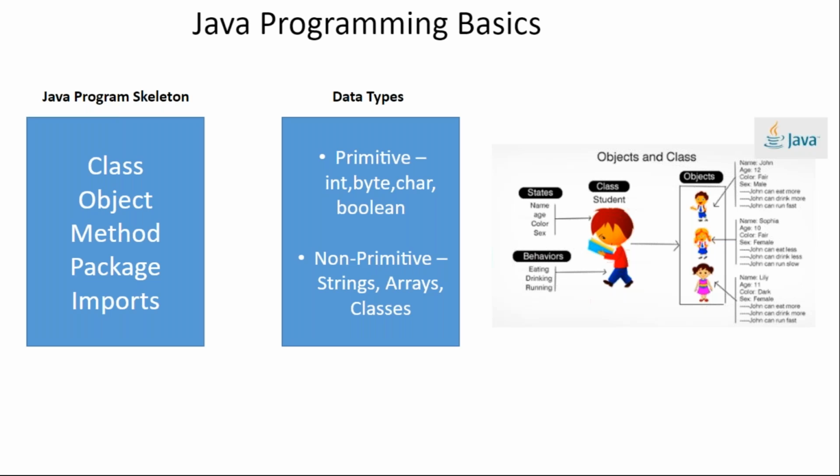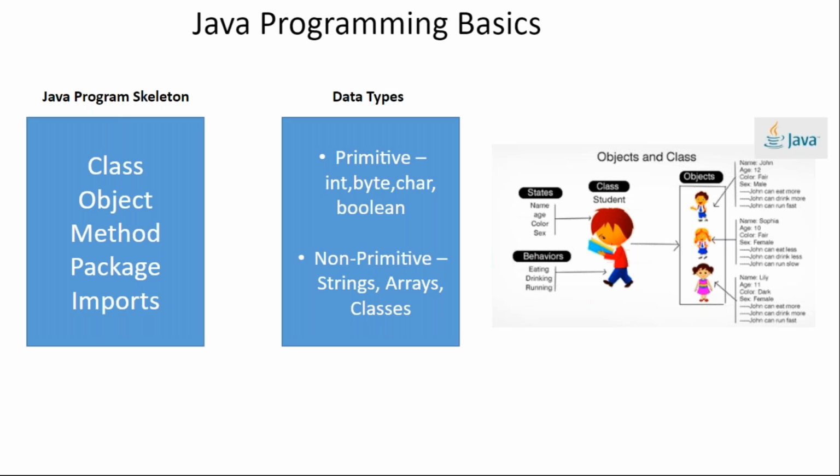Within a program, it can have multiple operations, so the operations will be grouped into a couple of methods. It could have method 1, method 2. Method 1 can do some price calculation, method 2 can do the discount calculation, method 3 can go and insert data into a database. So there is going to be a class file which is going to have multiple methods, which is nothing but the set of operations. That is as simple as that.